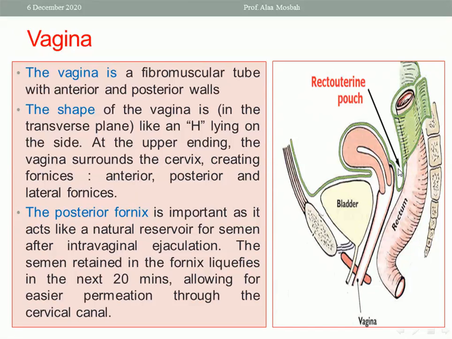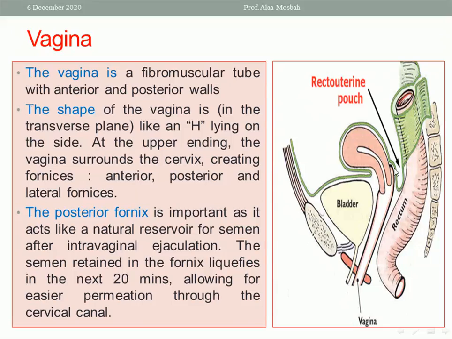Okay, the posterior fornix is important. Why? Because it is a natural reservoir for ejaculate. The semen takes time to become liquefied, about 20 minutes, so the posterior fornix is a good reservoir.